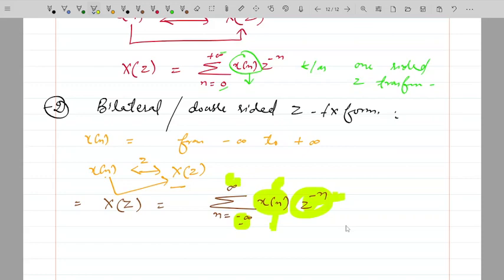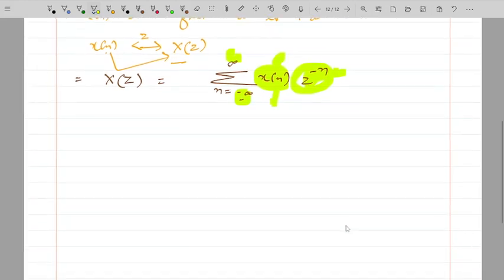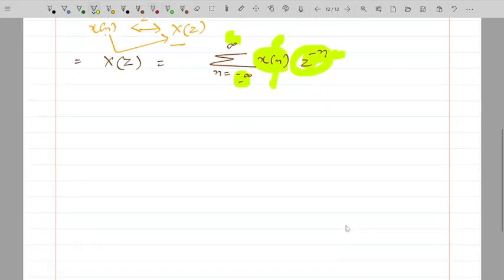So this is known as the bilateral Z transform, or a double-sided Z transform. This covers both types, single-sided and double-sided. Next we will discuss what the Z domain is.